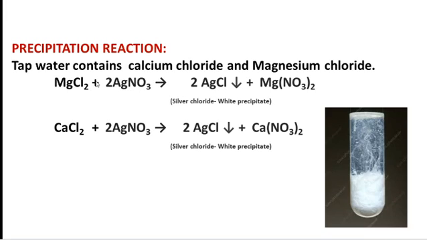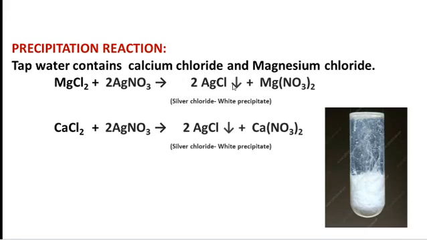Silver combined with chlorine to form silver chloride, and magnesium combined with nitrate. So magnesium nitrate is a byproduct. This is also an example of a double displacement reaction. Silver combined with chlorine is the first displacement, and the second is magnesium combined with nitrate. This is an example of a double displacement reaction.